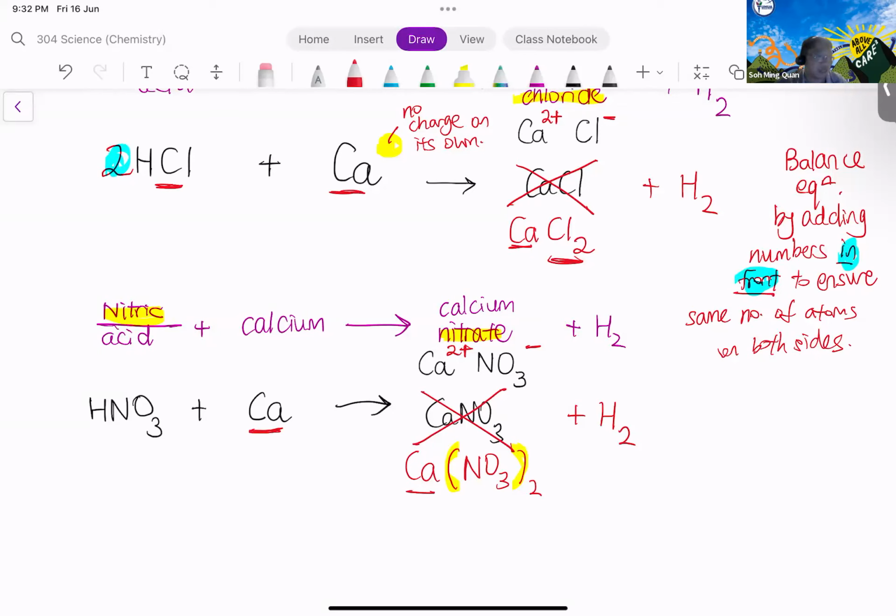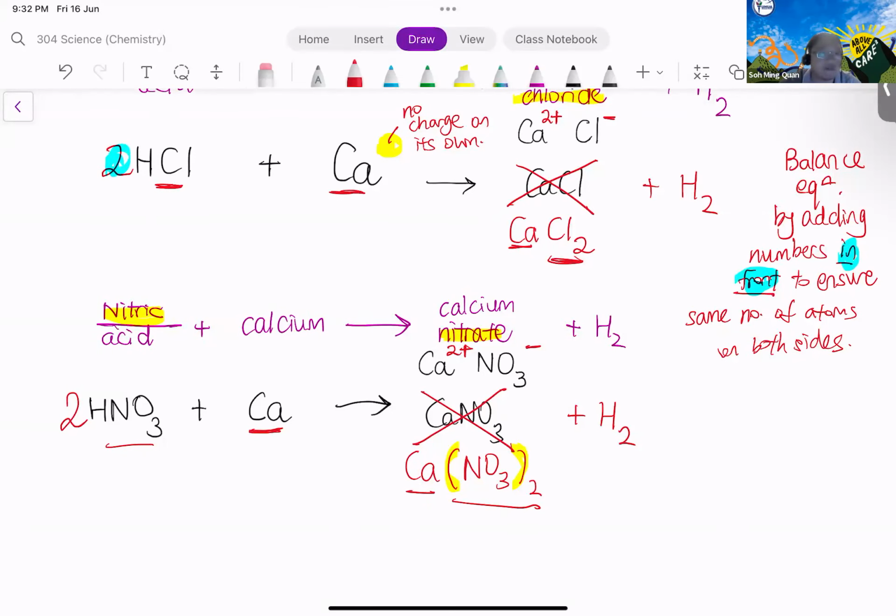But the nitrate is the next problem. I have 2 nitrates on the right-hand side, but I only have 1 nitrate on the left. So again, I need to have twice the amount of nitric acid. So I add in 2 in front of the nitric acid formula to balance the equation.